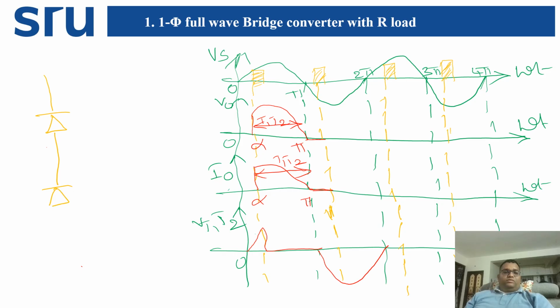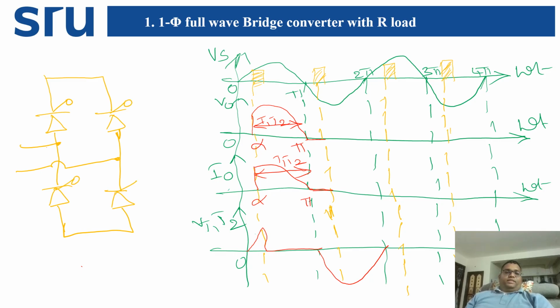We'll see here now. Let us take two thyristors here like this, and two more thyristors like this, connected over here, and this is the positive terminal, this is the negative terminal. This is T1.